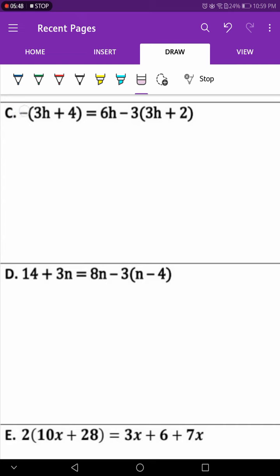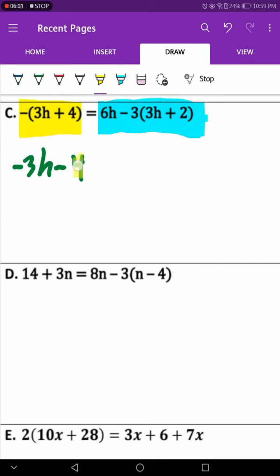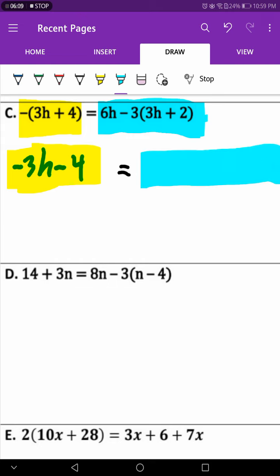I will start with the left side and the right side. So as I said, this is -3h, -4. This is the left side. And regarding the right side, my dear student, here I also have to break the parentheses, but you have to pay attention to something here. This is not 3 only, this is -3, so be careful.